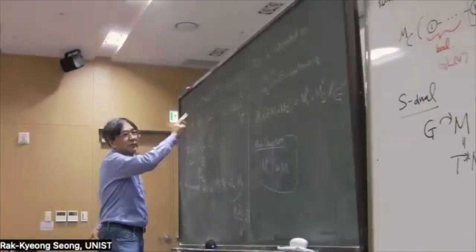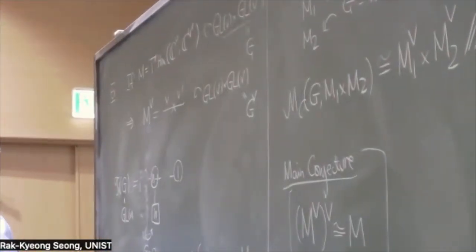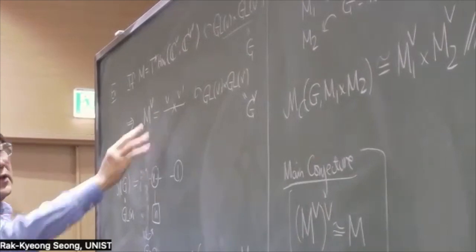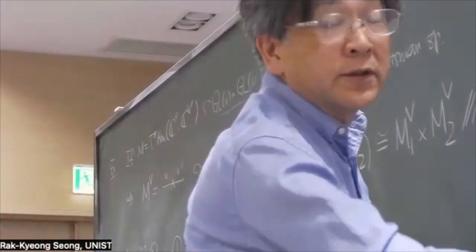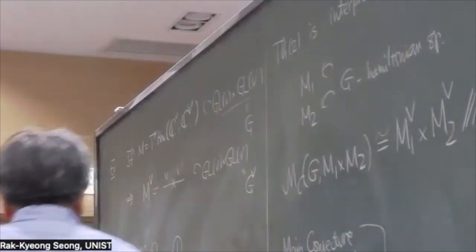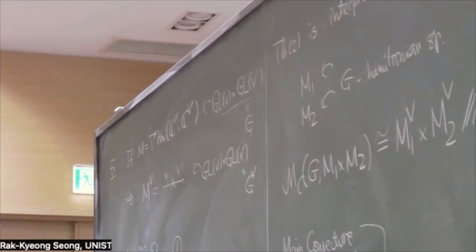But once you expect the definition can be generalized to this case, our definition makes sense if M is a cotangent bundle of some space. But this is not a cotangent bundle, so you must generalize the definition.